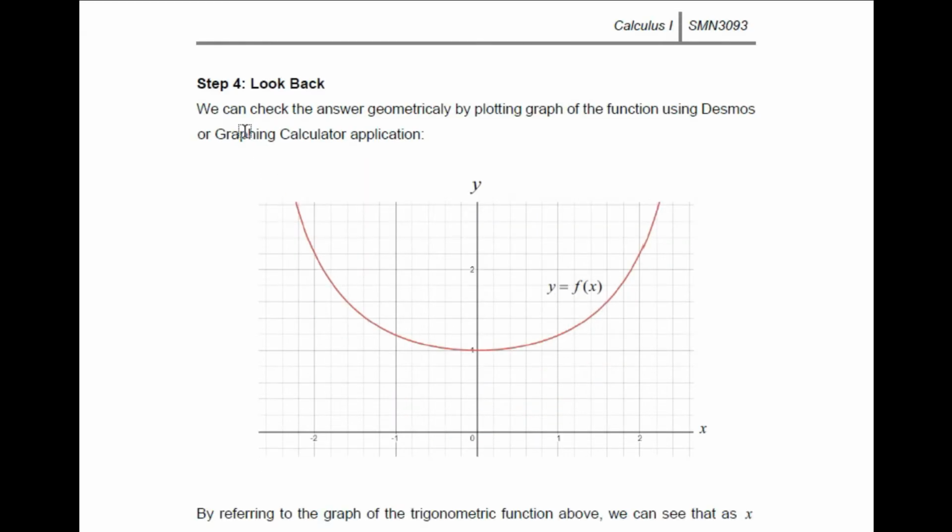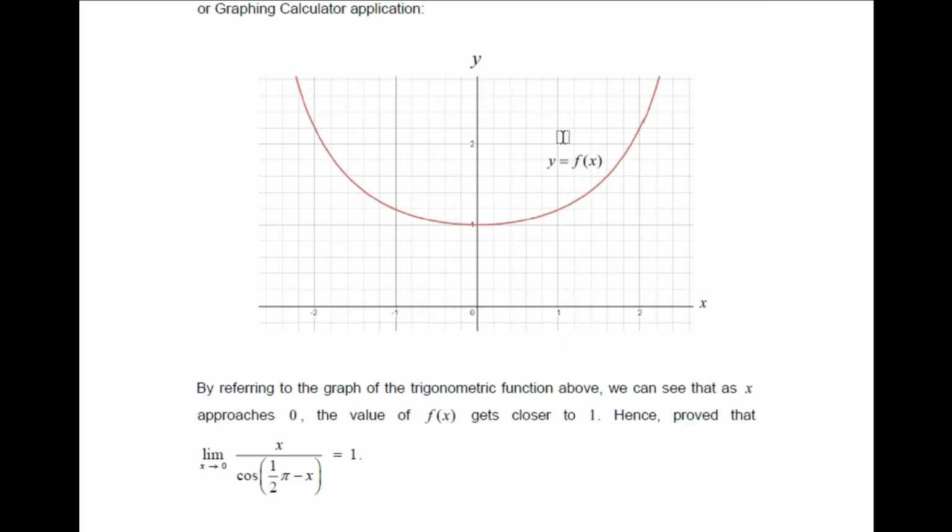And step 4, look back. We can check the answer geometrically by plotting the graph of the function using Desmos or a graphing calculator application. So this is the graph for this function. By referring to the graph, we can see that as x approaches 0, the value of f(x) gets closer to 1.